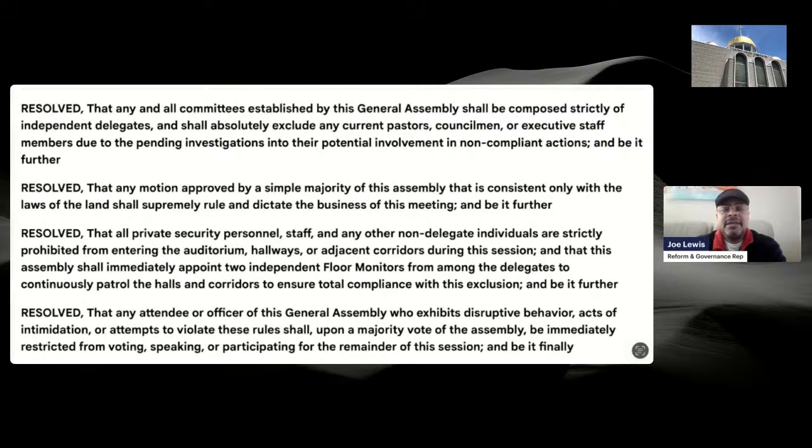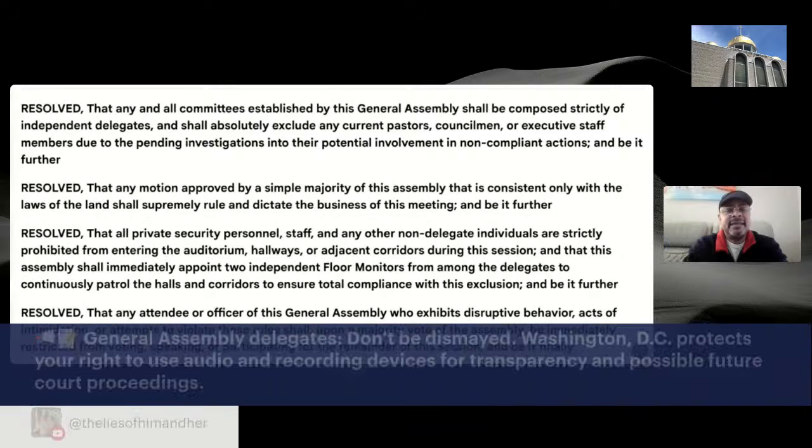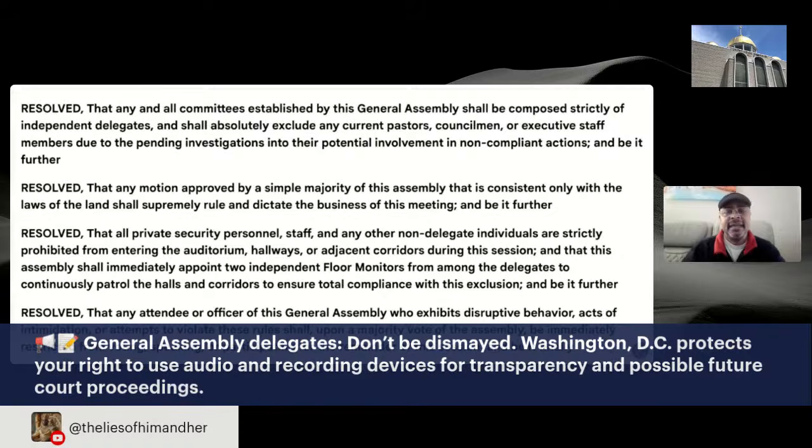Be it further resolved that any motion approved by a simple majority of this assembly is consistent only with the law of the land. Again, I covered that already. Private security, we covered that.